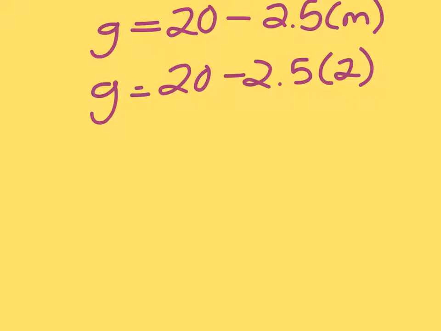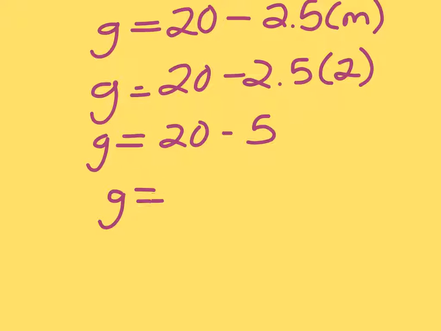Okay? So 2 minutes. Negative 2.5 times 2 is 5. And so we're going to have G equals 20 minus 5. So the gallons remaining when M is 2 minutes is 15. So after 2 minutes, we have 15 gallons remaining.